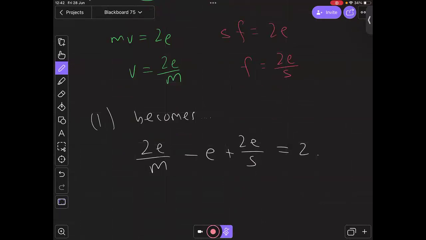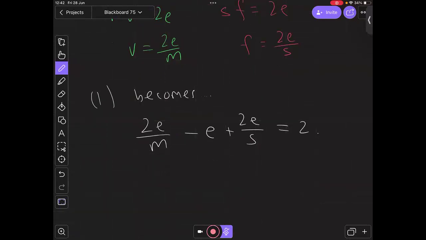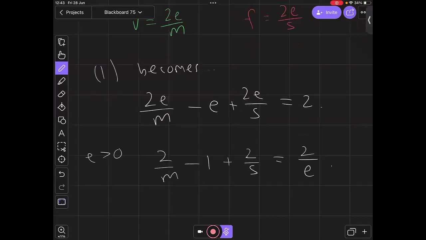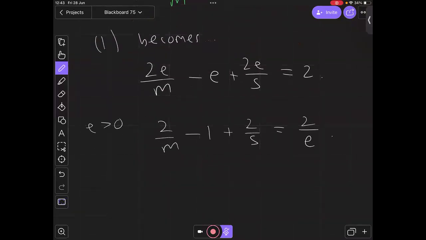Okay. We can tidy this up a little bit. Remember, E, the number of edges, is always a positive number, so we can divide across by E. So this is 2 over M minus 1 plus 2 over S equals 2 divided by E. E is positive, so you can do that. Then we can divide across by 2.